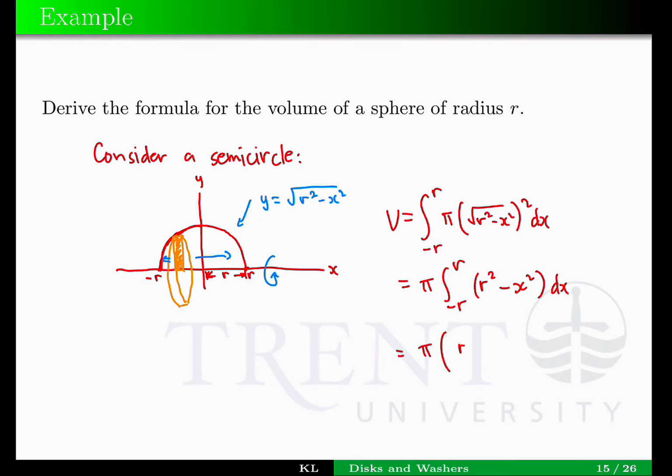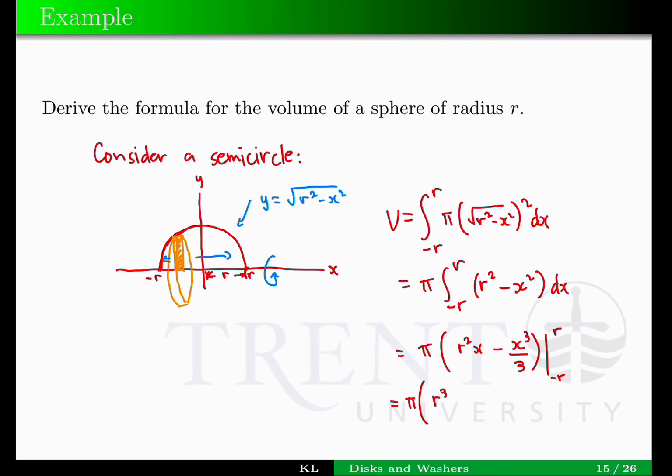Integrating, we will have r squared x minus x cubed over 3 evaluated from negative r to r. This will be equal to pi times, when x equals r, you will have r squared times r.